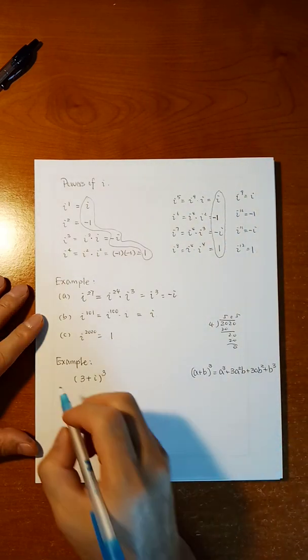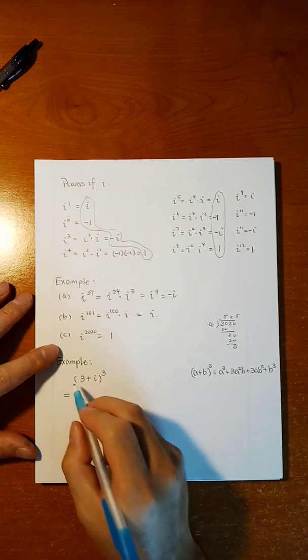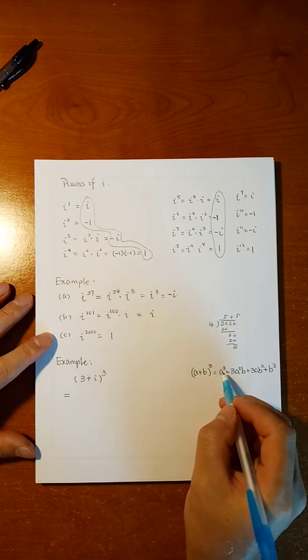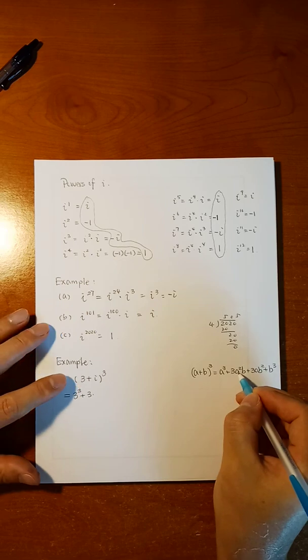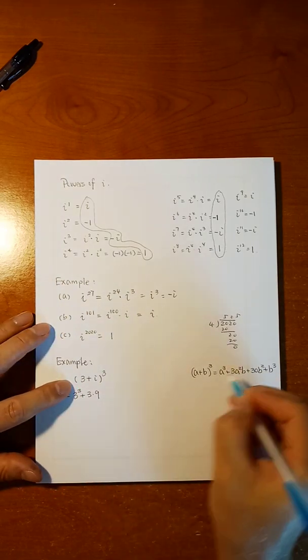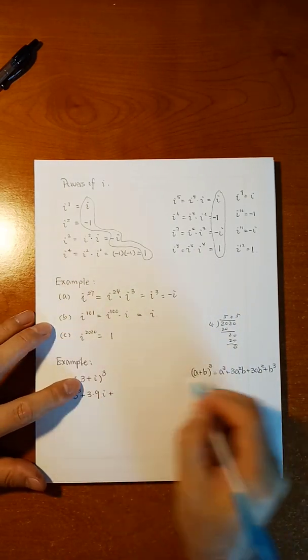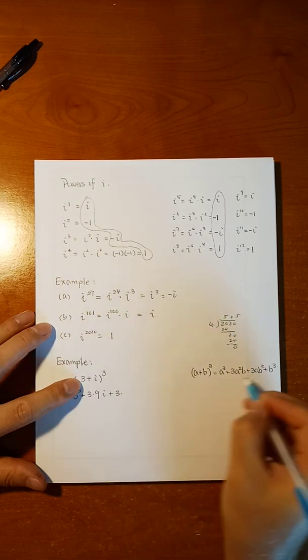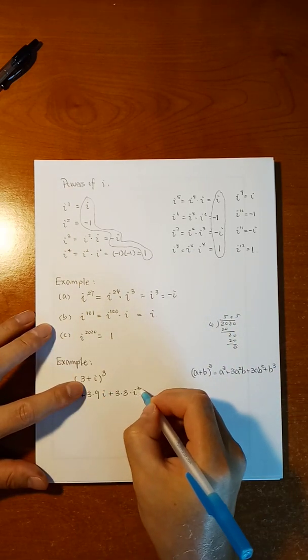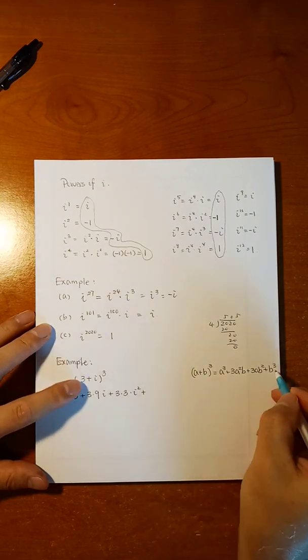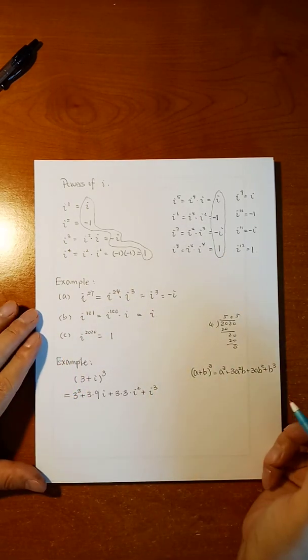And with this formula, let's see. a is 3, b is i. So it's 3 cubed plus 3 times a squared, which is 9, times b, plus 3, a is 3, b squared is i squared, and plus b cubed is i cubed.